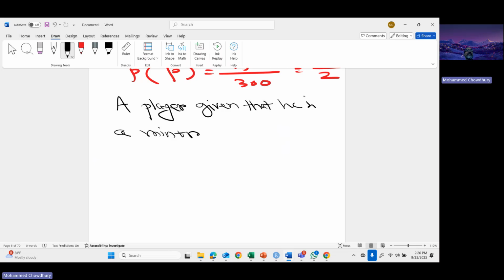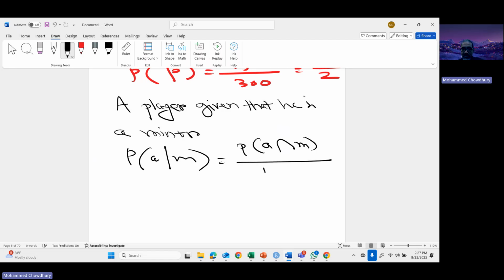A player given that he is a minor. How can you do that? Probability of a player given that he is a minor. Understand? So now you will have to write the definition: probability of A intersection minor divided by probability of minor.